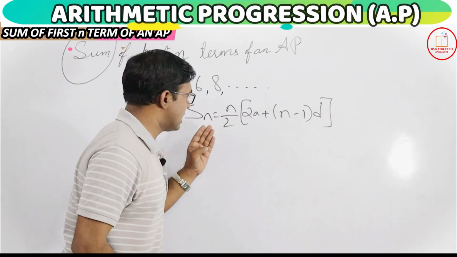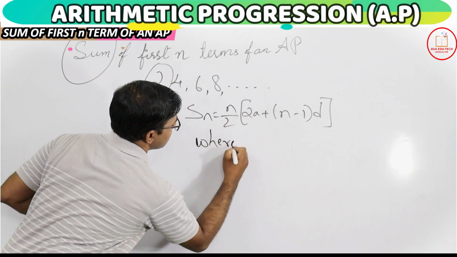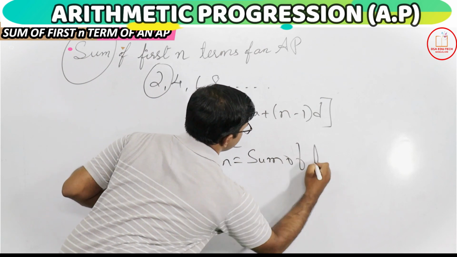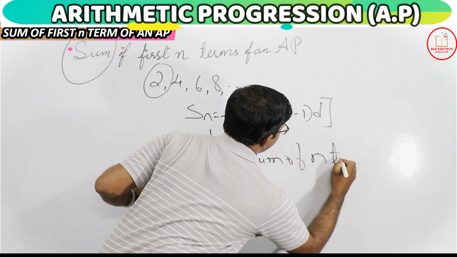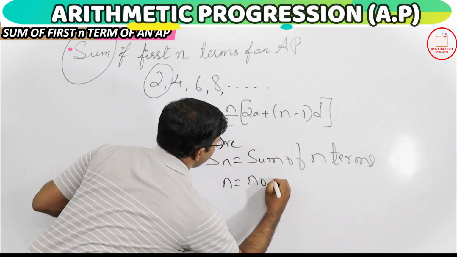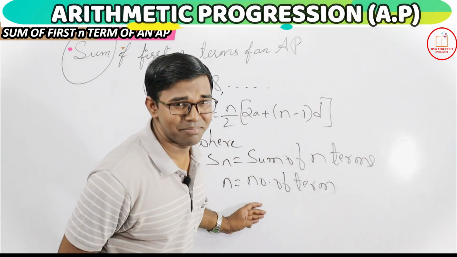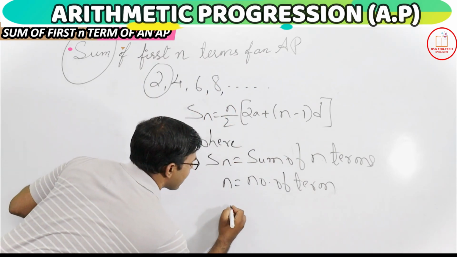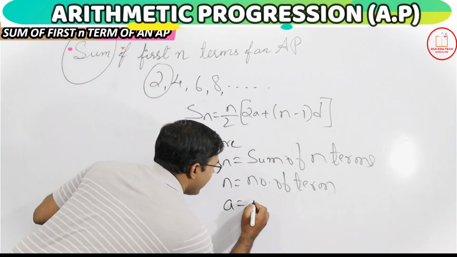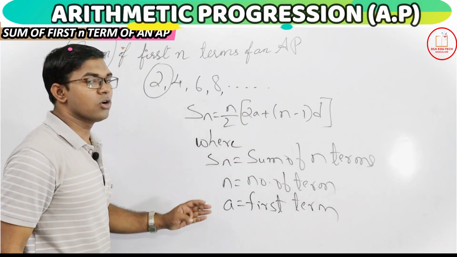Now let us learn the meaning of Sn, n and all the terms here. Sn is equal to the sum of n terms. n is nothing but the number of terms, how many terms they have given in the given AP series. a is equal to the first term.